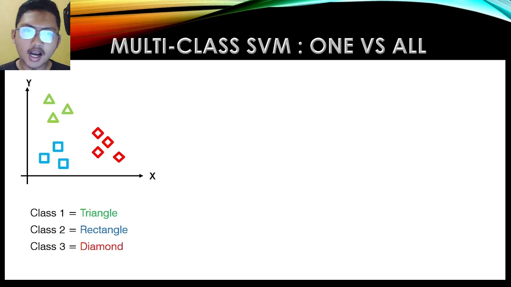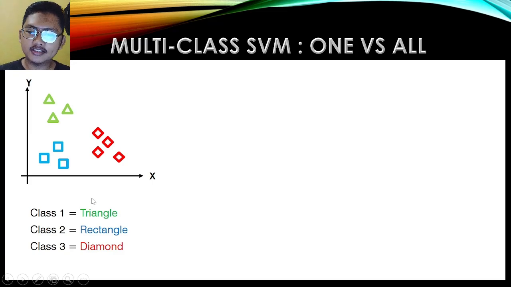Okay, here I'm Sultan. I'm going to continue the explanation from my friend. We're going to learn about multi-class SVM, one versus all. So here we have a data set. In the data set, we have three classes.